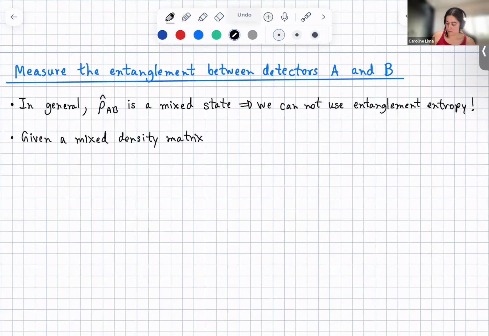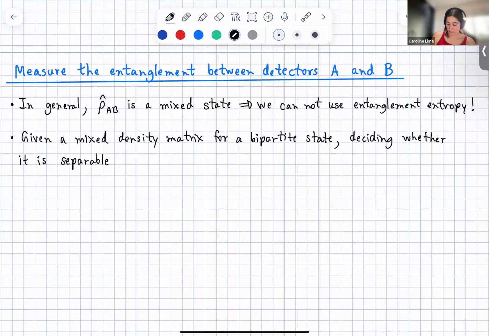what we know, for a bipartite state, deciding whether it is separable or entangled is actually an NP-hard problem.